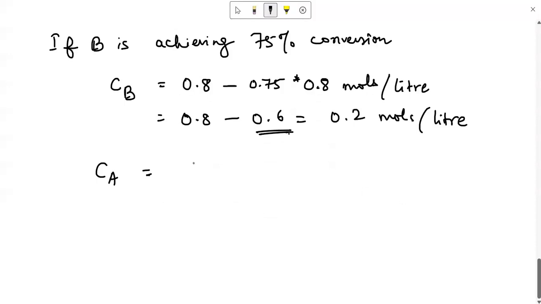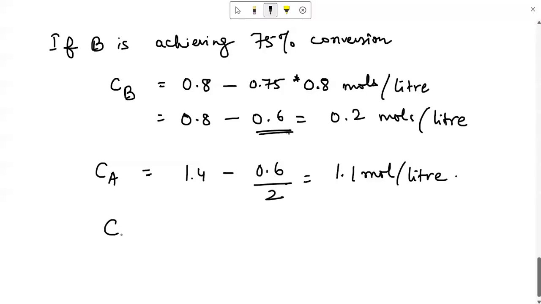Ca equals 1.4 minus 0.6 by 2, from the reaction stoichiometry. So 0.6 moles of B are being converted. With respect to that, how many moles of A have reacted per liter? That is what we are finding. So we get 1.1 moles per liter.